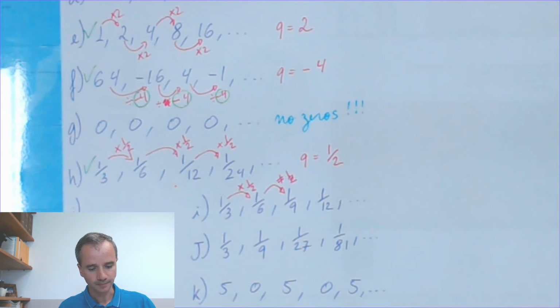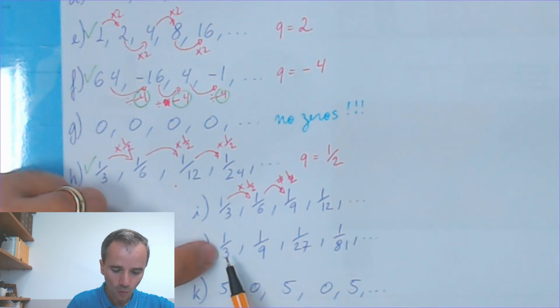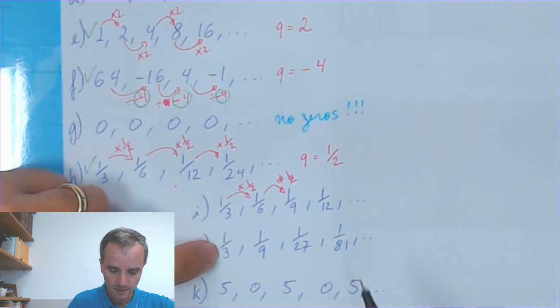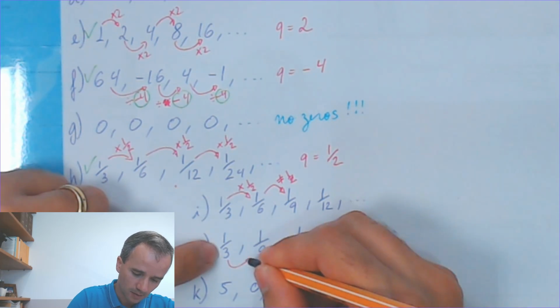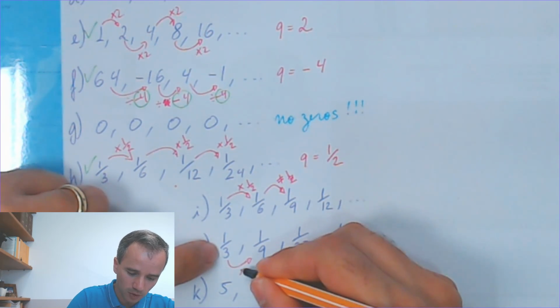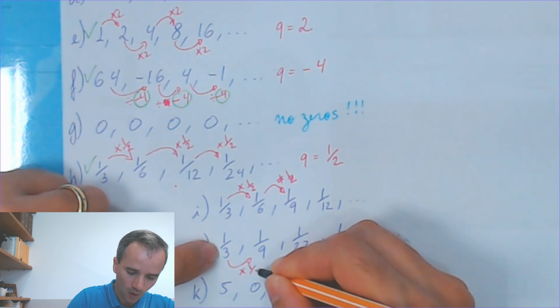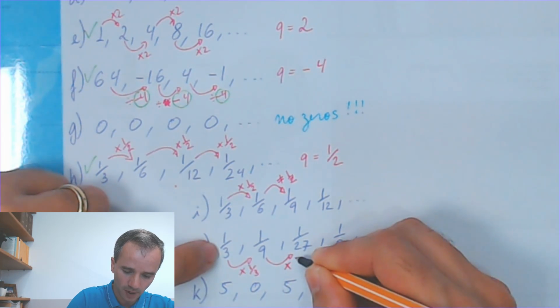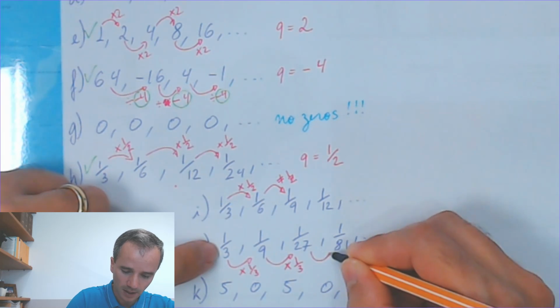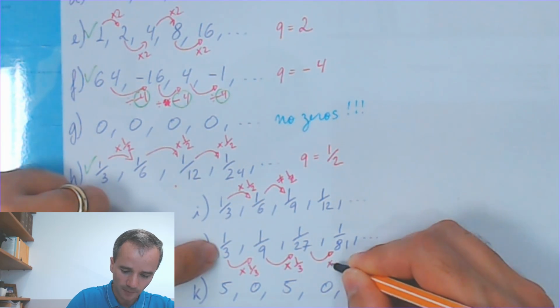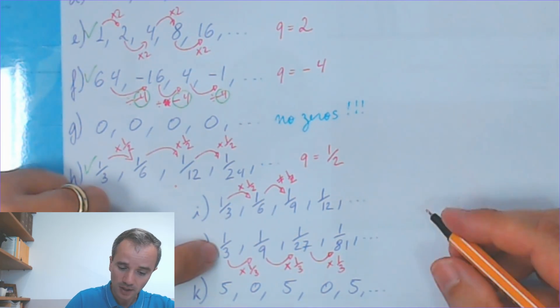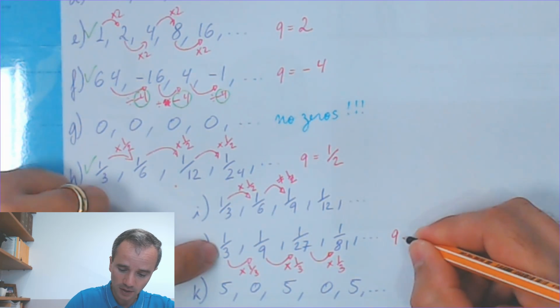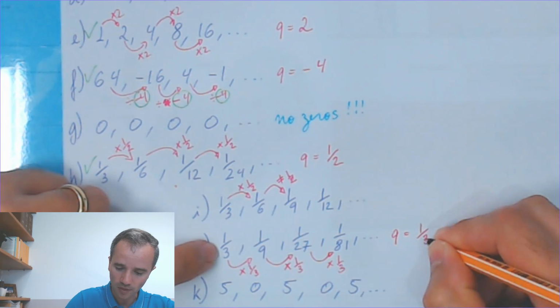Now let's see this one. 1/3, 1/9, 1/27. So far we had multiplied by 1/3 in here. Again, multiplication by 1/3. Again, multiplication by 1/3. So this is a geometric sequence. Q is just 1/3.